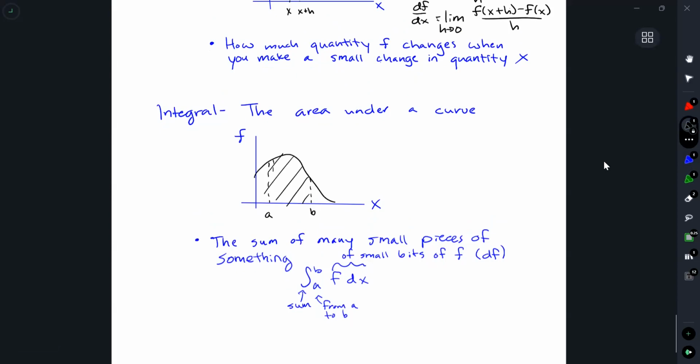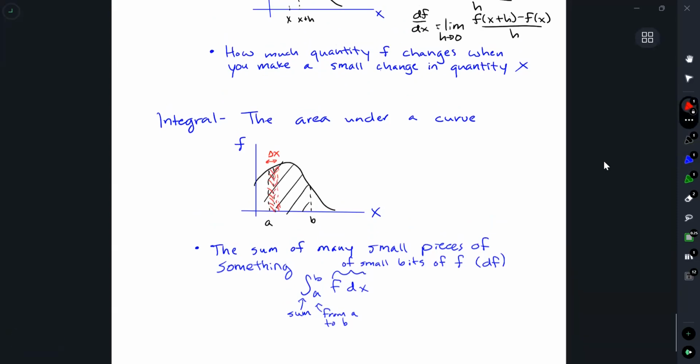You know how to find it. You just break your area up into tiny little rectangles. So I'll do that in a different color of width delta x, and you're just adding up those areas. So the width is delta x, the height is f of x, with a little bit of round off error if you don't take a limit.